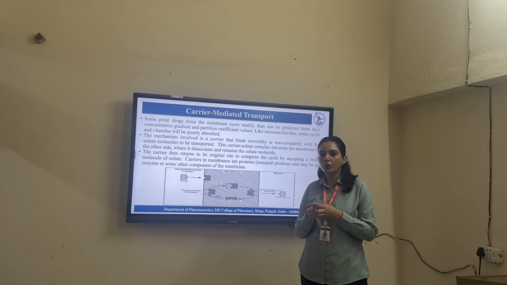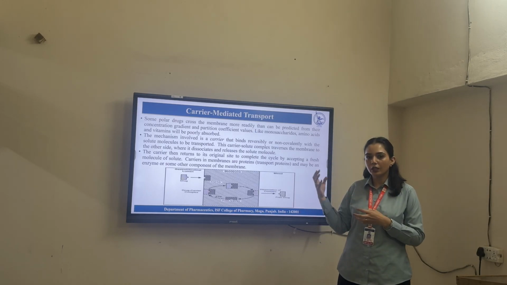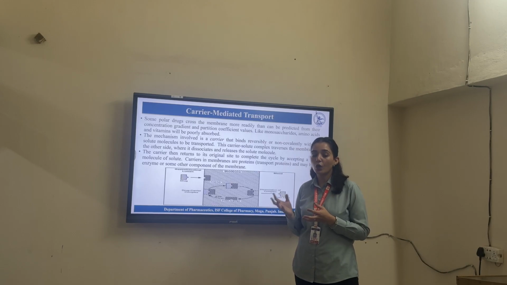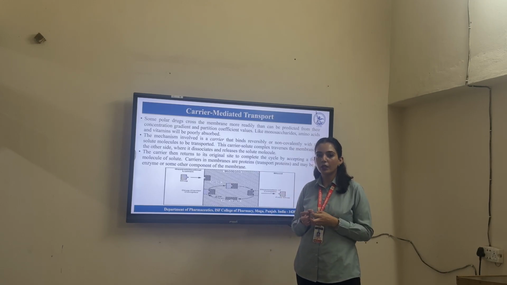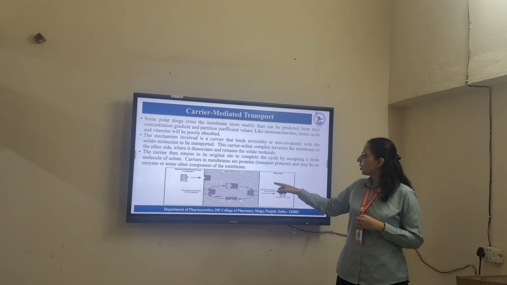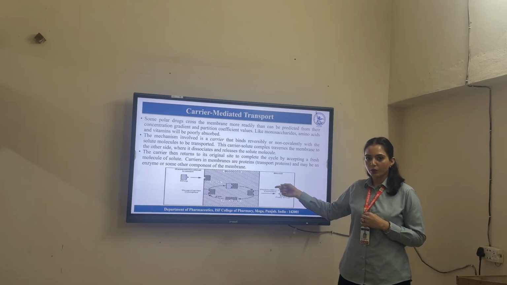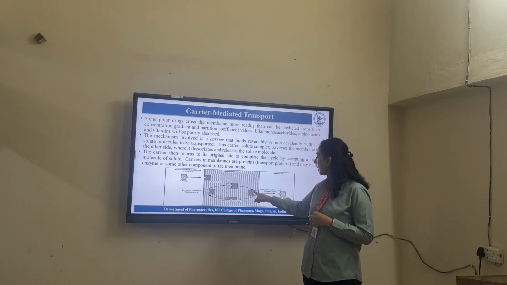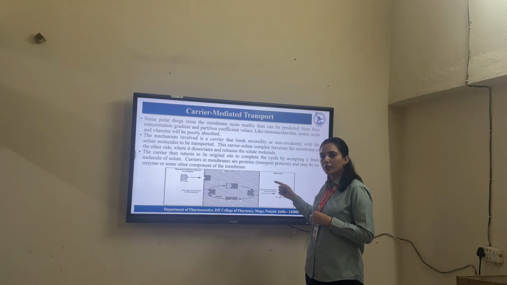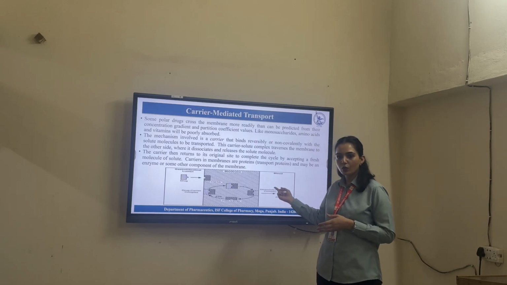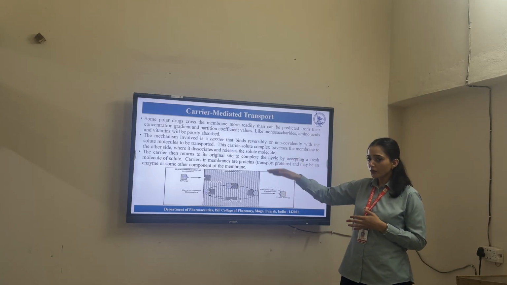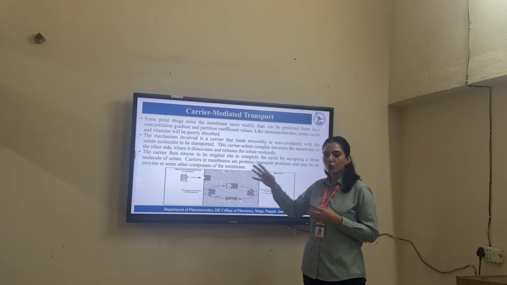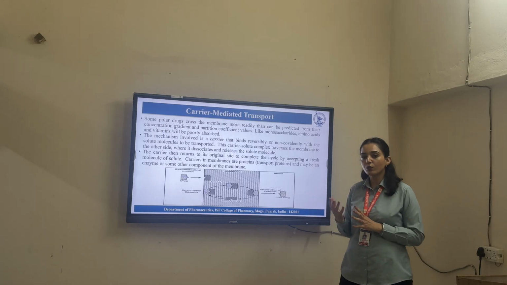The combination of drug and carrier is like a lock and key system, so structure-based binding is required in carrier-mediated transportation. The carrier travels with the drug through the membrane and releases the drug to the other side of the membrane, in the systemic circulation, and then moves back to its original place to carry a fresh molecule of the drug.